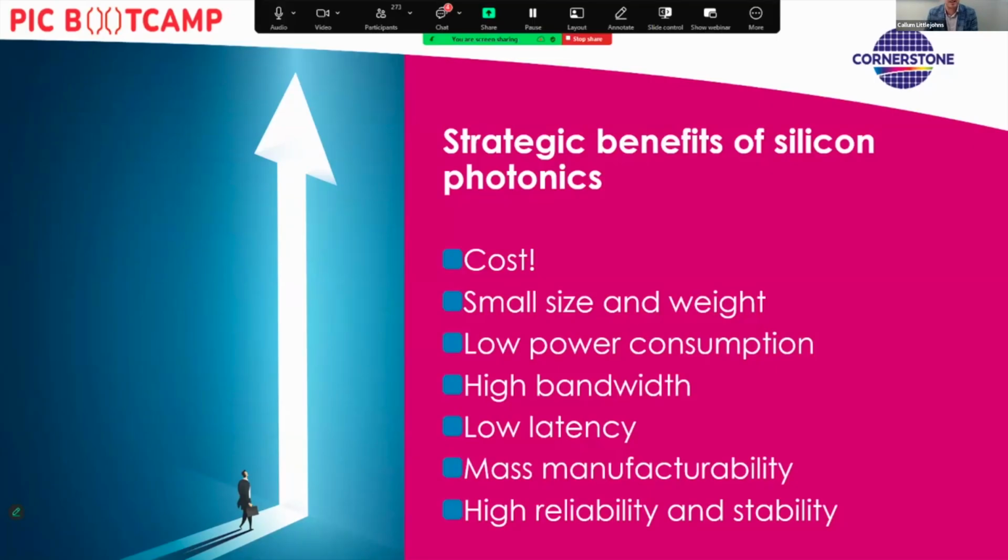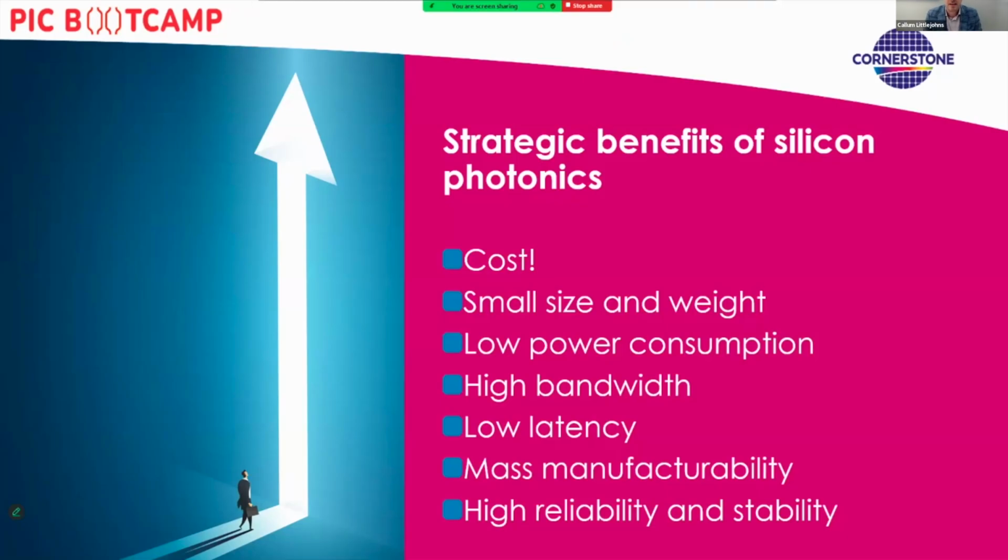That's where silicon, as opposed to other different platforms with integrated photonics that I'll come on to in a minute, I think that's where silicon is particularly interesting, because we've got this huge global ecosystem of expertise in silicon manufacturing.